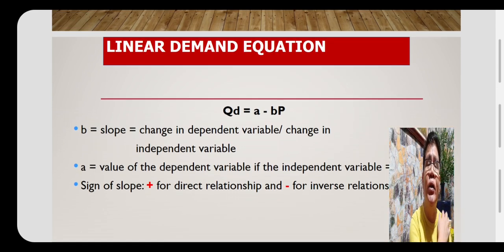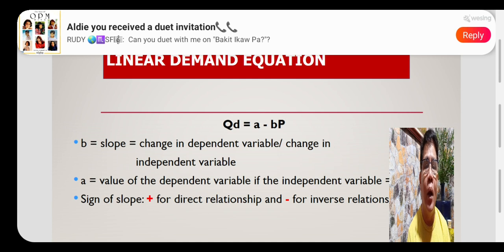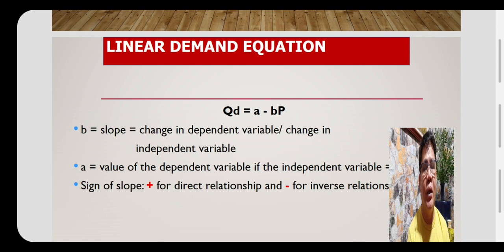So it is now clear to us how the demand equation is to be presented in the form of a linear equation. The demand equation is stated as A minus BP, where B is the slope and A is the value of the dependent variable when the independent variable takes a value of 0.